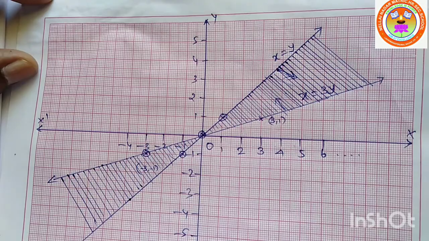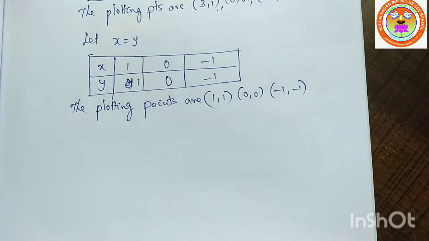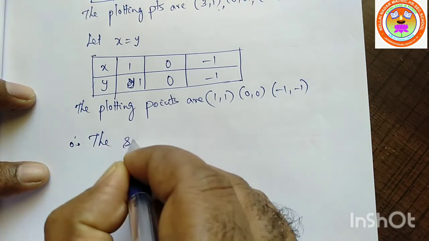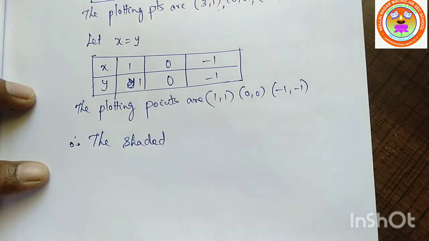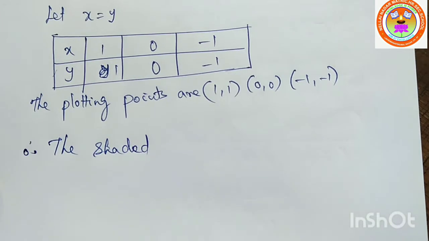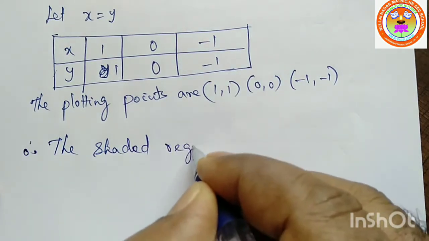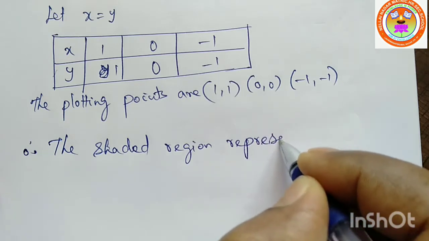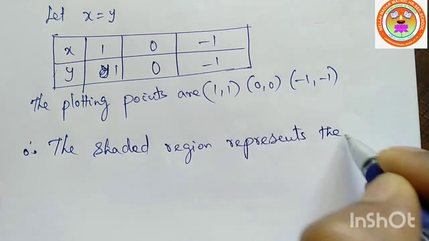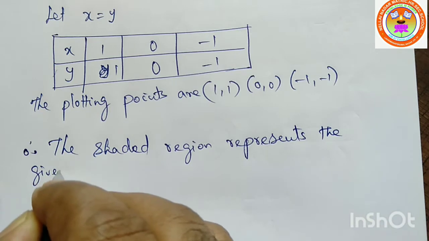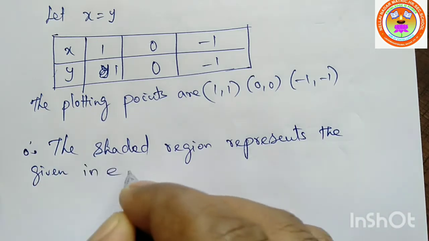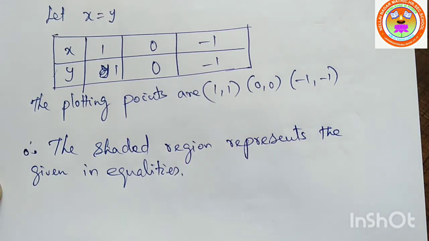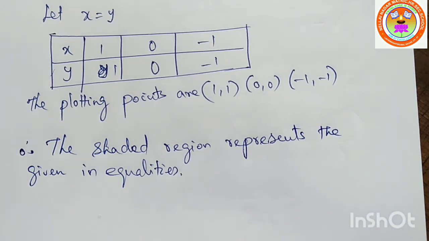So our conclusion is, therefore, the shaded region represents the given inequalities. Okay? So we completed the first sum.